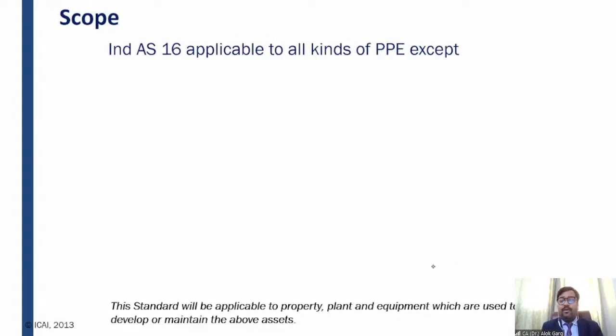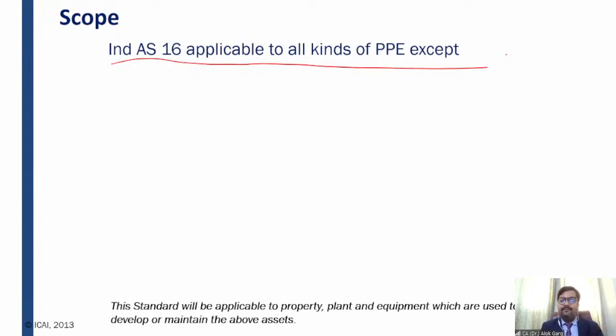Coming to the scope, now we are going to discuss, sir, this standard is applicable where? This standard is applicable on which items? The scope part talks about where the standard is applicable or where the standard is not applicable. So it says that Ind AS 16 is applicable to all kinds of property, plant and equipment, all kinds, right?